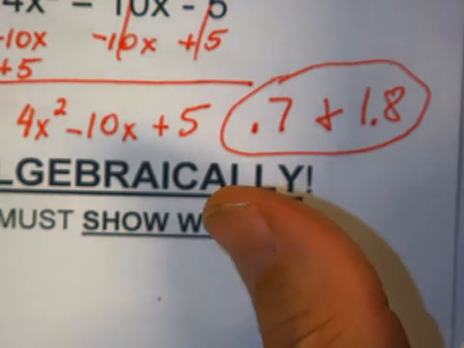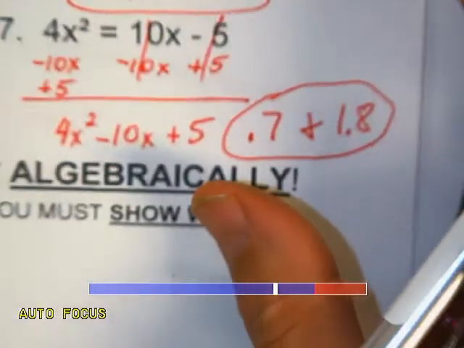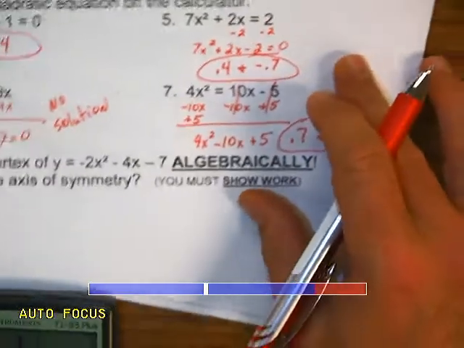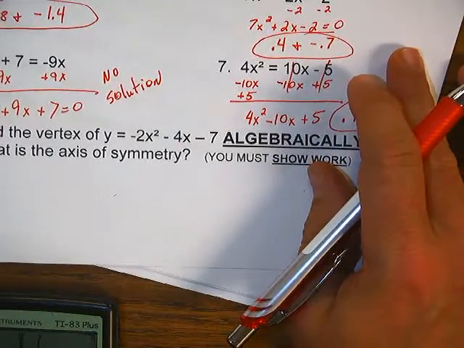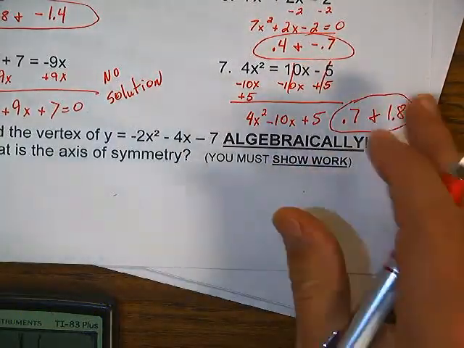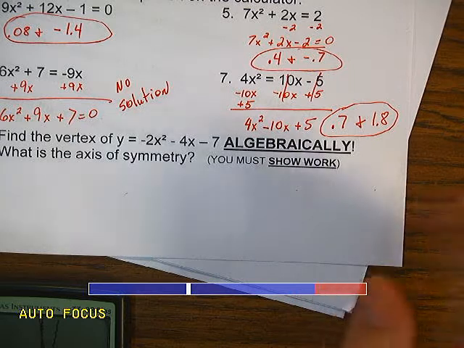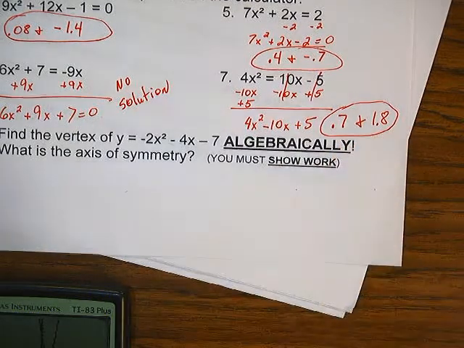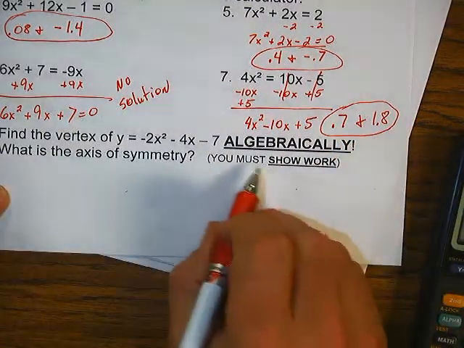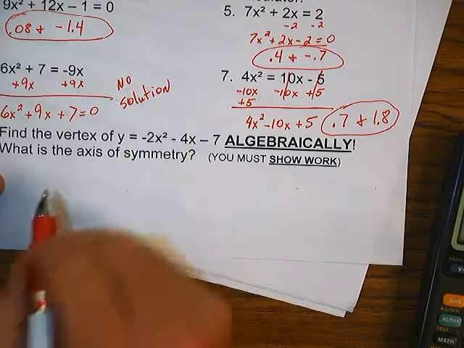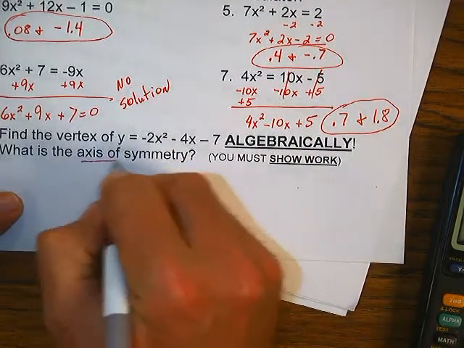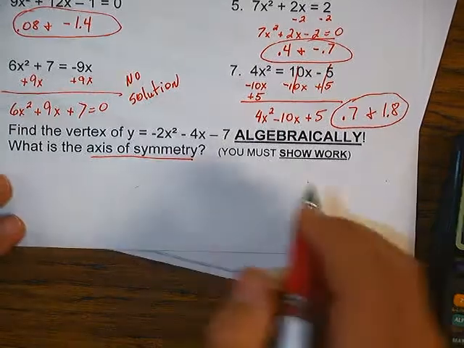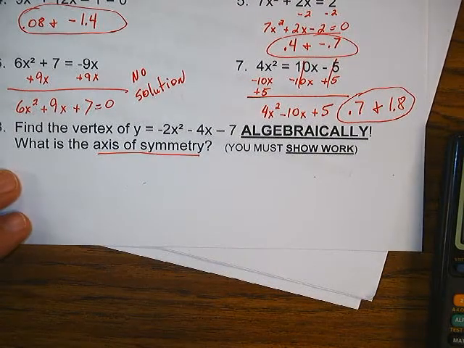Okay, and then the last one. Find the vertex of this quadratic equation algebraically. What's the axis of symmetry? Okay, let's find the axis of symmetry first. This is back to 6.1.